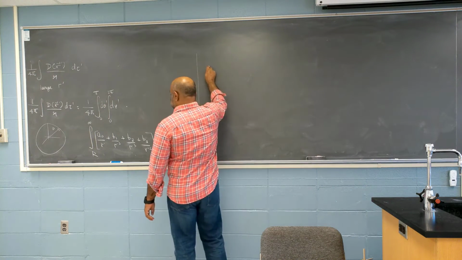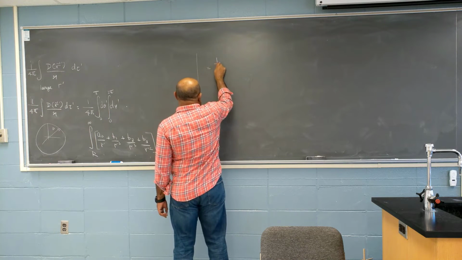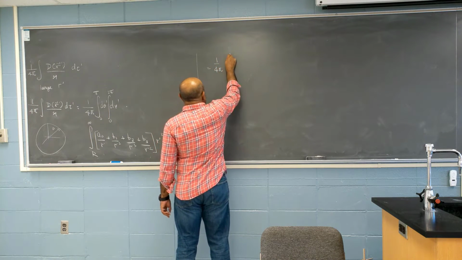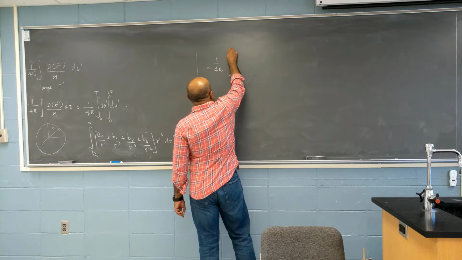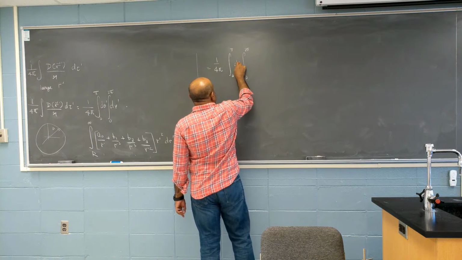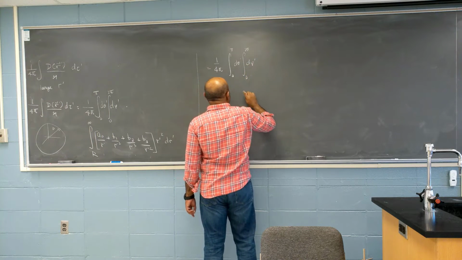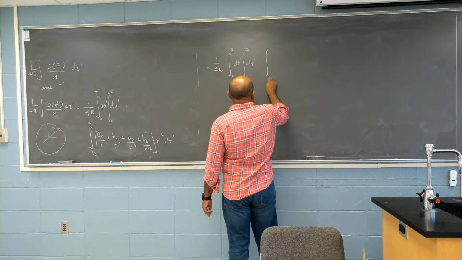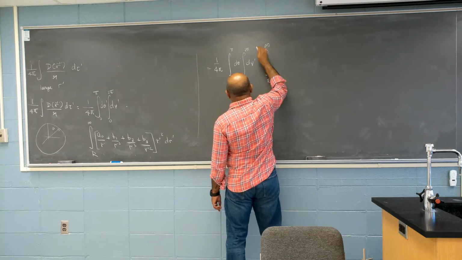So that's equal to, well, 1 over 4 pi, 0 to pi, 0 to 2 pi, d theta prime, d phi prime. Now comes r to infinity.